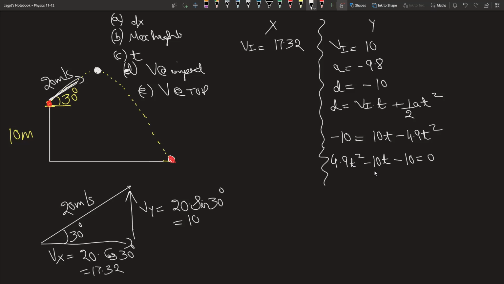So you can either use the quadratic formula, or most of you should have these advanced scientific calculators, which just allow you to punch these numbers in and they spit out the answer. Does anyone have any of those scientific calculators?